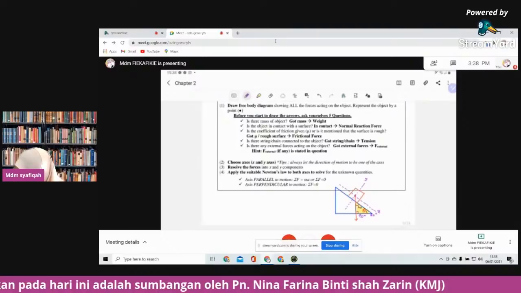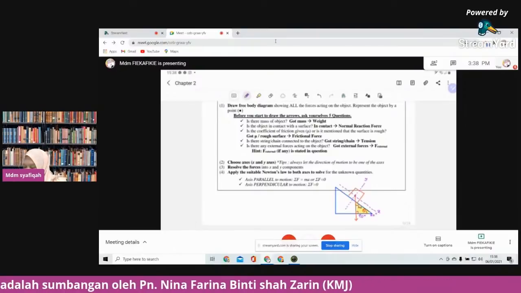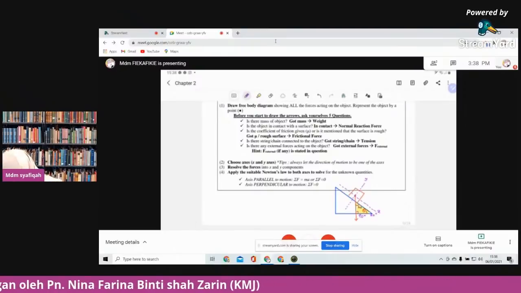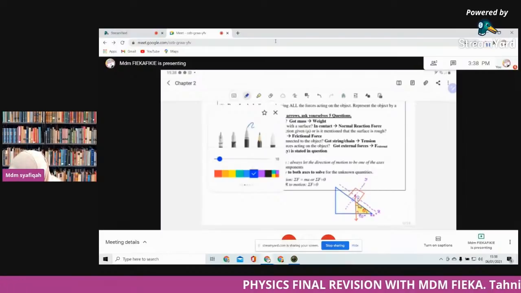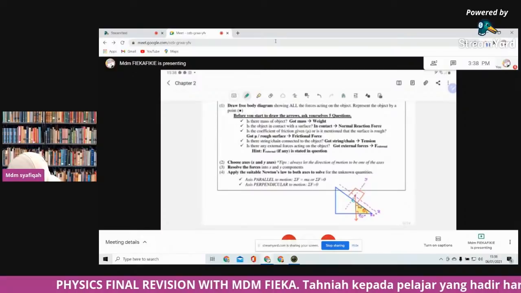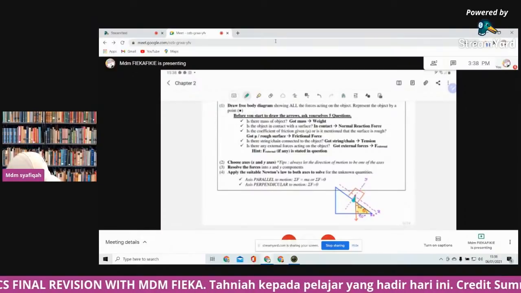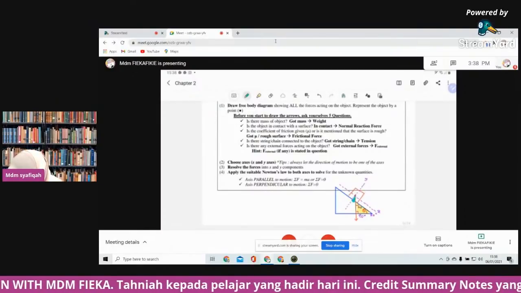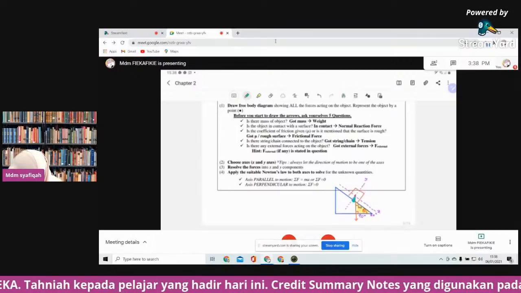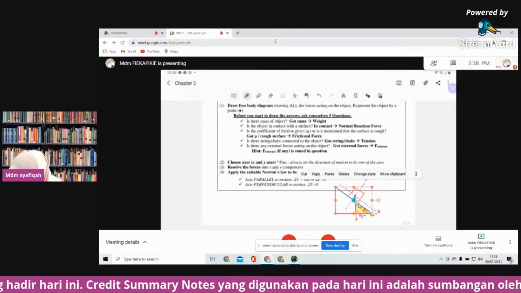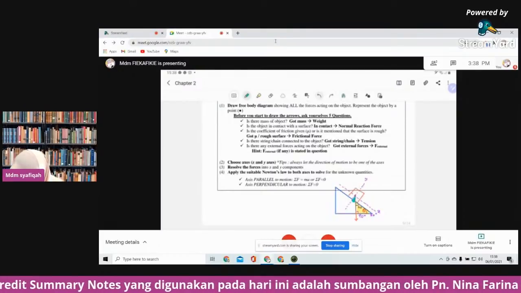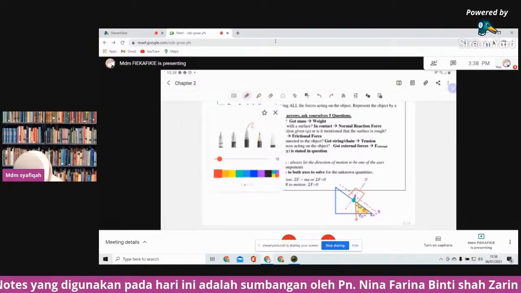Okay. Yang dekat sini pun berapa? Sekejap macam mana saya tunjuk 60 degree. Yang ini adalah 60 degree. Dia ada triangle ni. Ini adalah 60 degree. Ini theta ini. Maaf saya guna tablet. So ini adalah 60 degree.